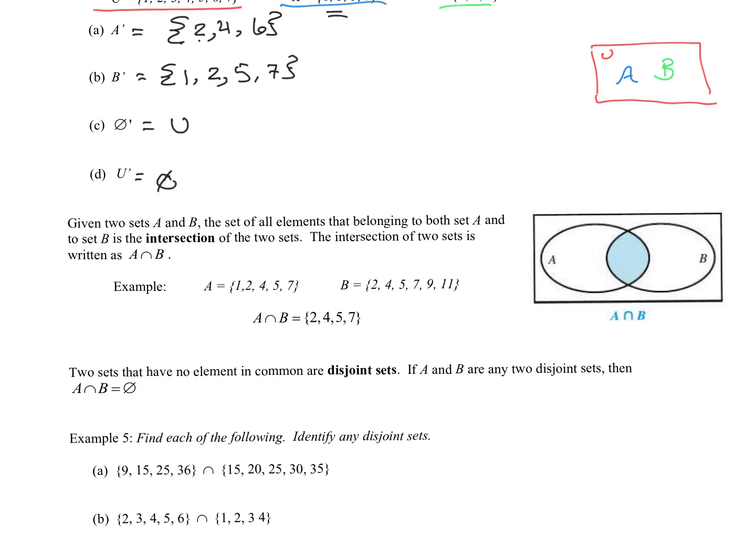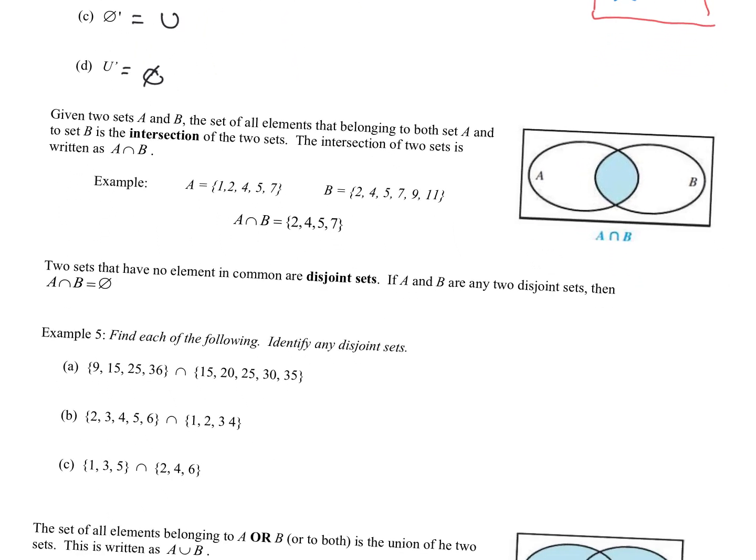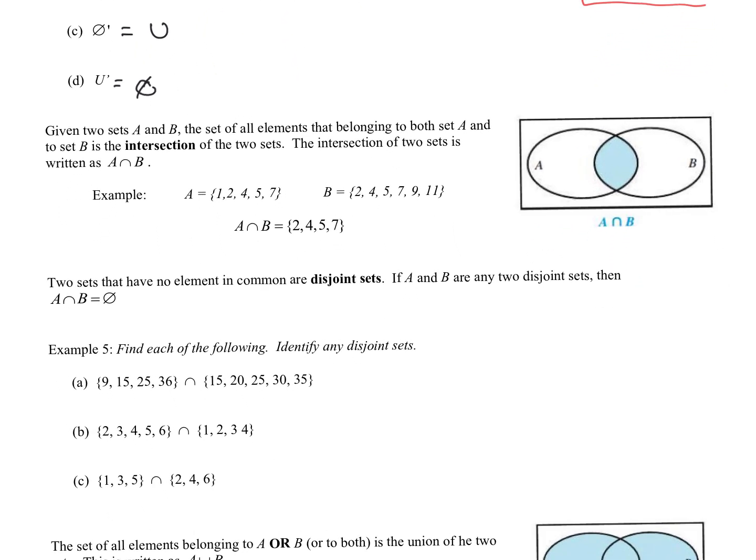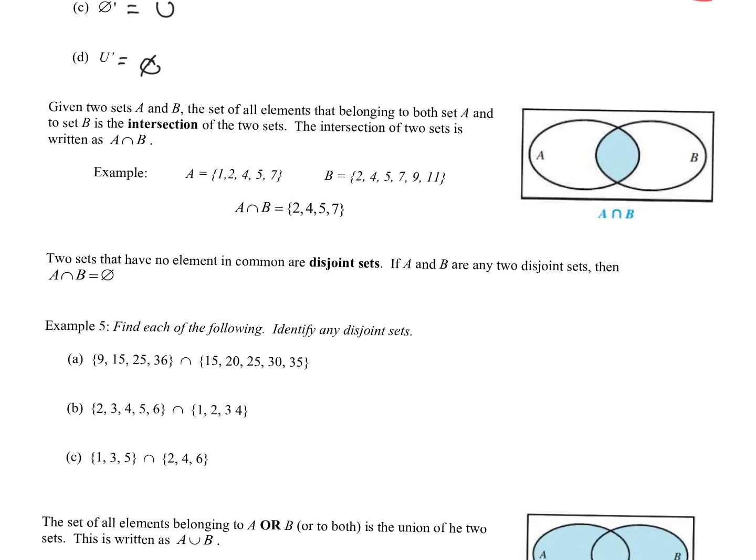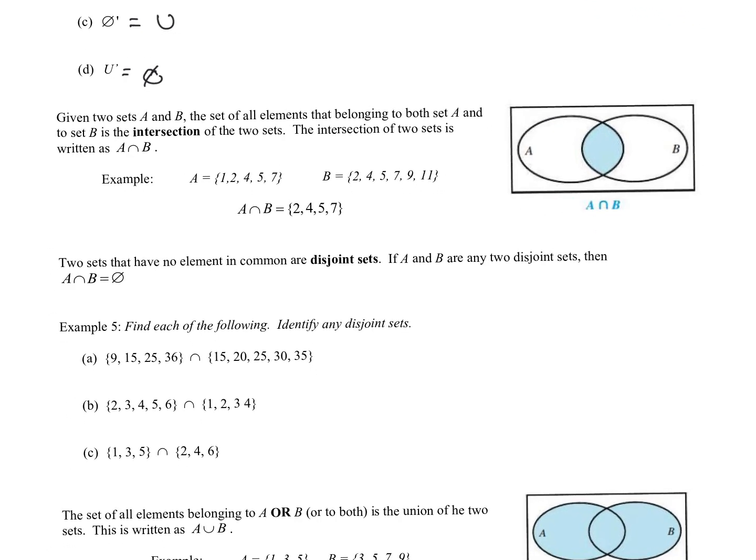So we've talked about sets overlapping, so let's put some words to that. If two sets overlap and contain some of the same objects, that is called an intersection. Where do the sets overlap? Where do they cross? Where do they intersect? So look at the example. I have A and B, and the places that they overlap or have in common are 4, 5, and 7.